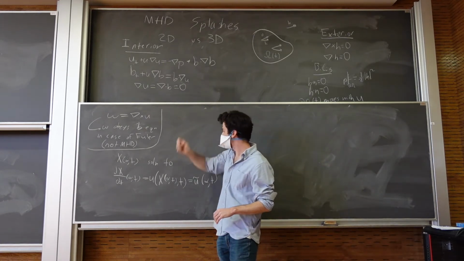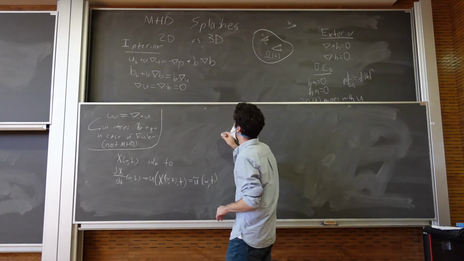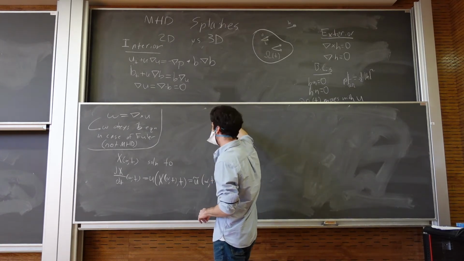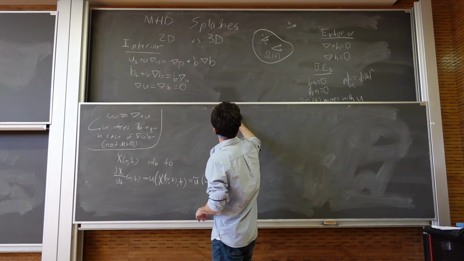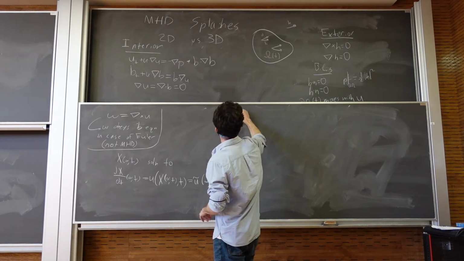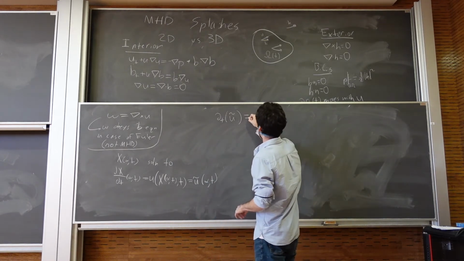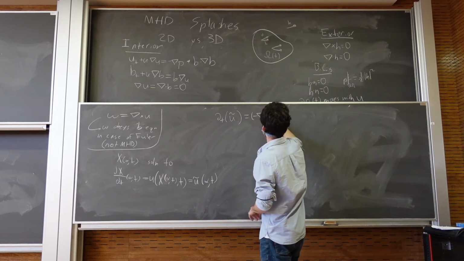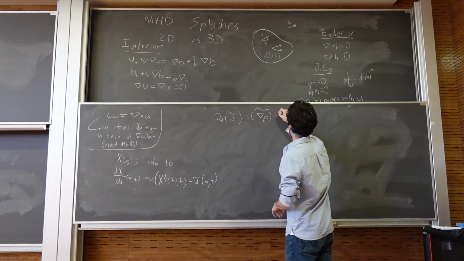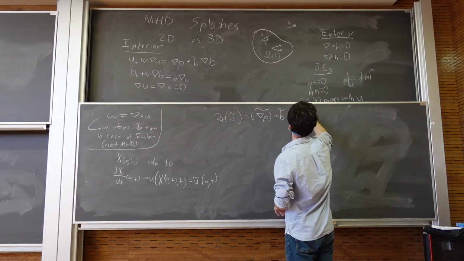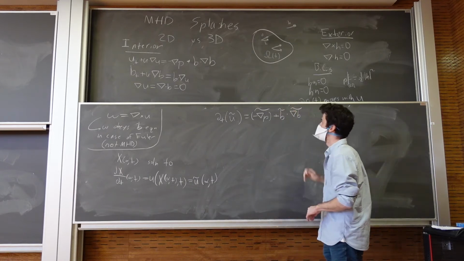So if I use that notation, and I just write the first equation, what I'm looking at is the time derivative of u tilde is equal to minus the gradient of the pressure tilde plus b tilde dot grad b tilde. So I haven't really done anything, I've just written tildes everywhere.